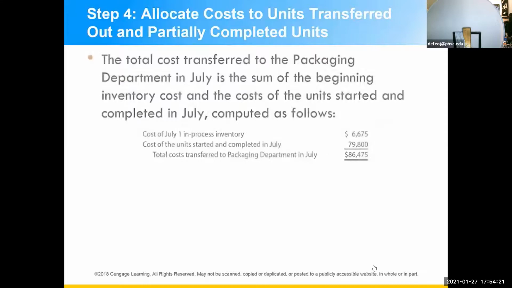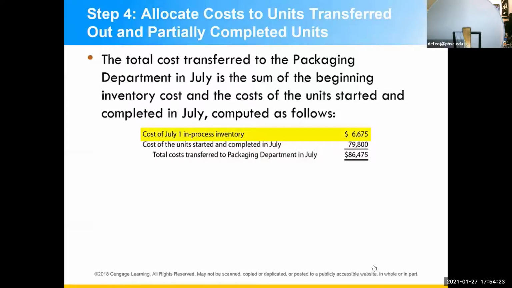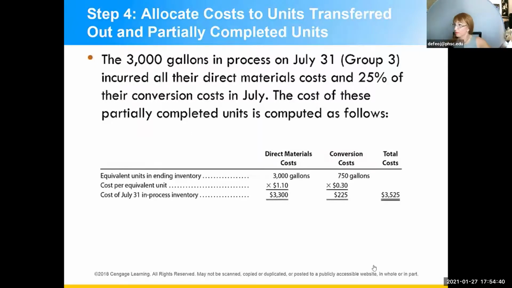The cost of beginning inventory of $6,675 plus the $79,800 cost of units started and completed are added to determine the total cost of the units transferred out of the department in July.